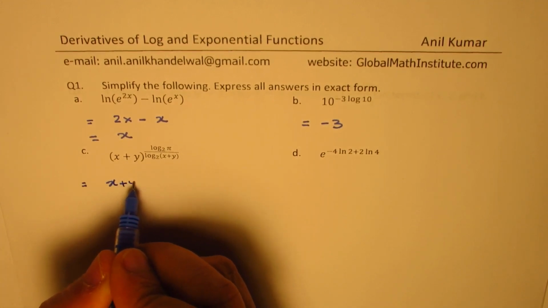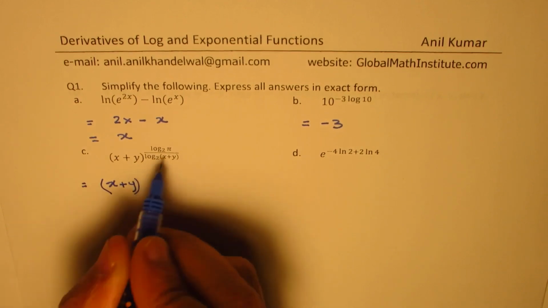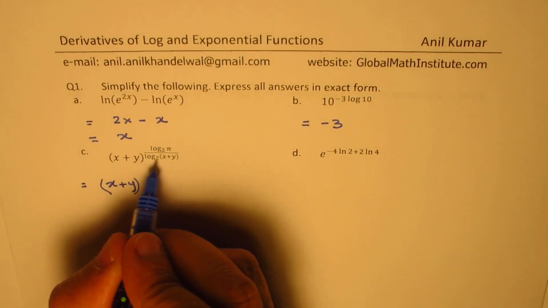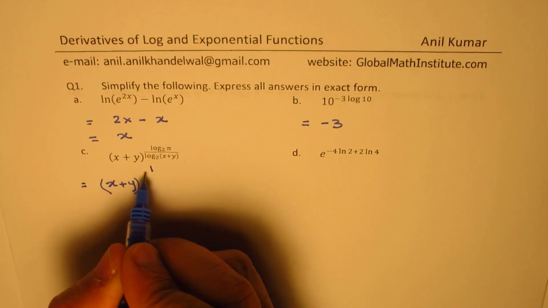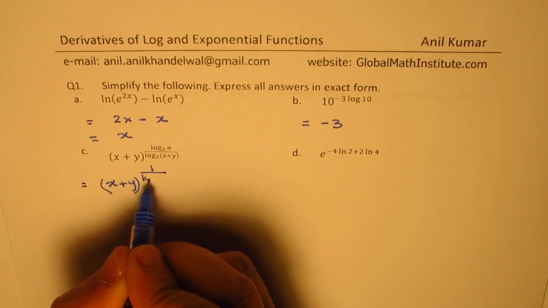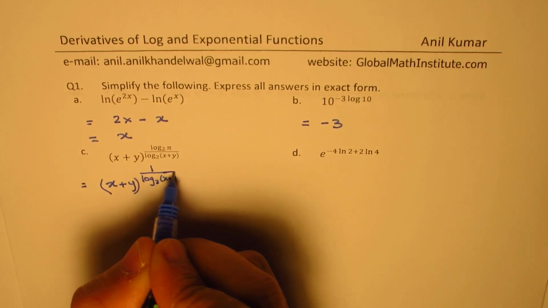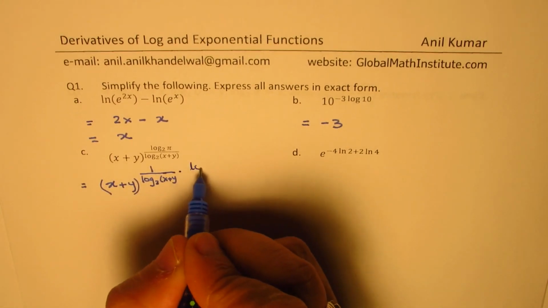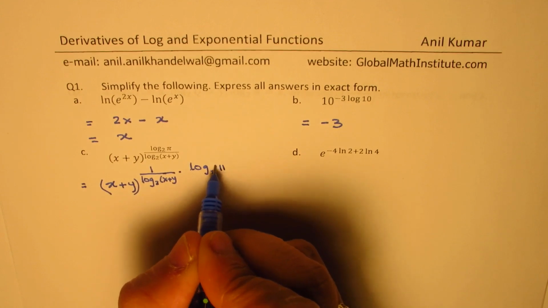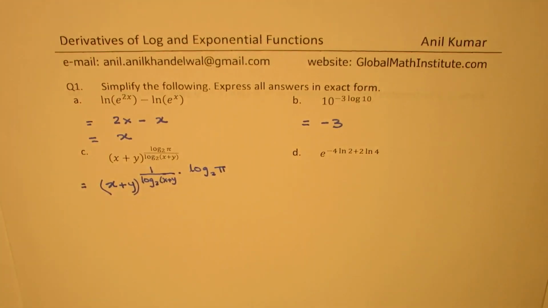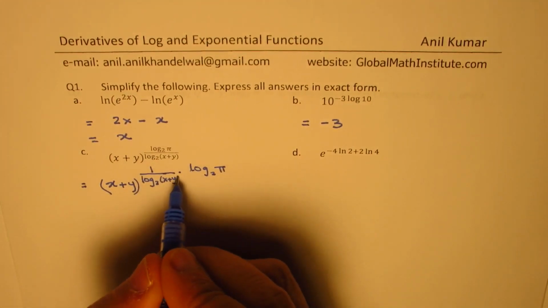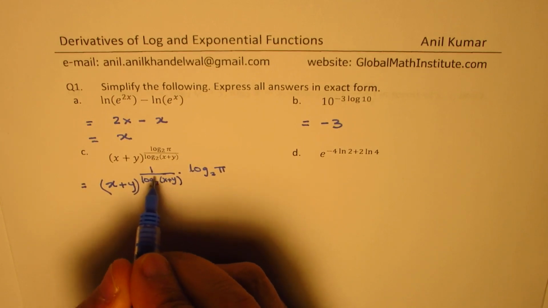So this is x plus y, and the power here is 1 over log to the base 2 of x plus y, times log to the base 2 of pi. As soon as you write it in this fashion, you can see that this is a kind of reciprocal.